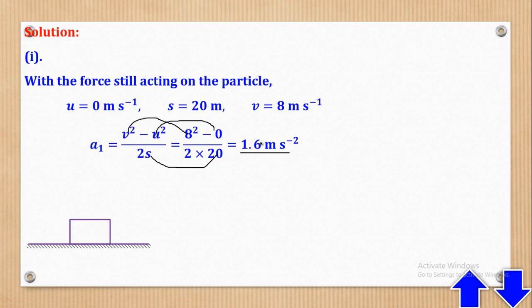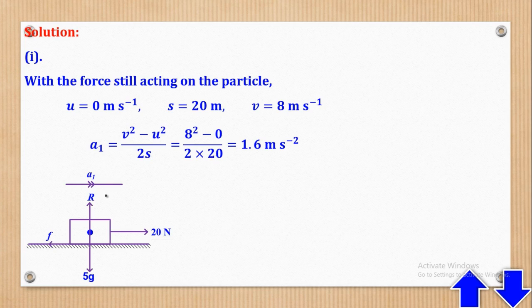Now that I've got acceleration, I can now make a sketch. So the weight will be 5g, and because of weight there will be normal reaction R, and the forward force was 20 newtons, and the opposing force let it be F. So the direction of motion is to the right and the acceleration is A1.